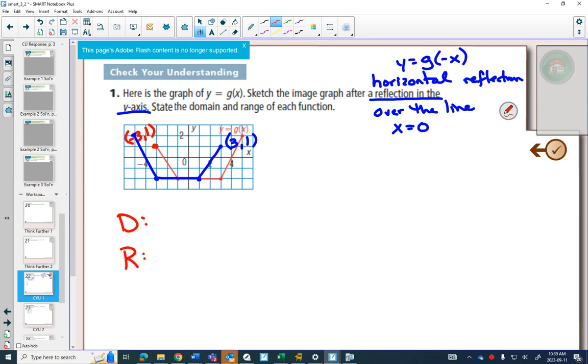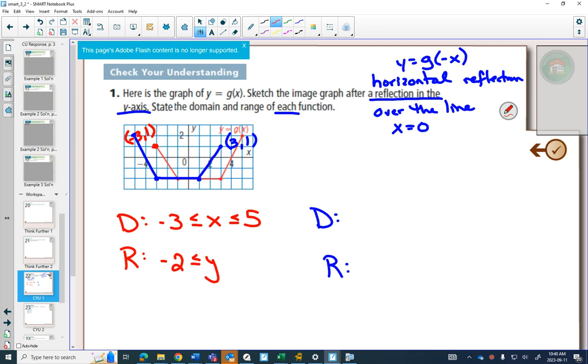Reread my question. It also says that it wants me to state the domain and range of each function, so I will color code it. My red one, the smallest value is -3, less than or equal to x, less than or equal to 5. And my range, my smallest y value is -2, less than or equal to y.